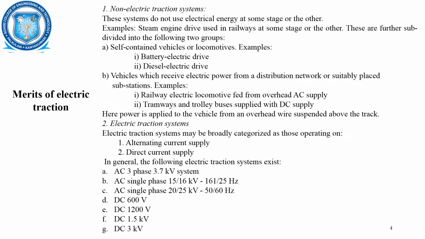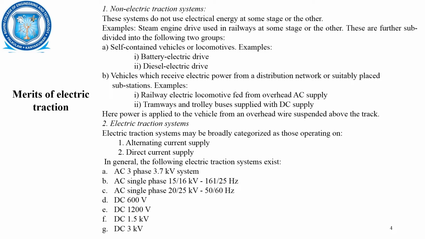Examples of non-electric systems are the steam engine drive, used in railways, and this may be further classified into two groups: self-contained vehicles or locomotives, that is, either battery electric drive or diesel electric drive; and vehicles which receive electric power from a distribution network or suitably placed substations, namely railway electric locomotives fed from overhead AC supply, or tramways and trolley buses which are supplied with DC supply. But electric traction itself depends directly on the AC and DC supply.